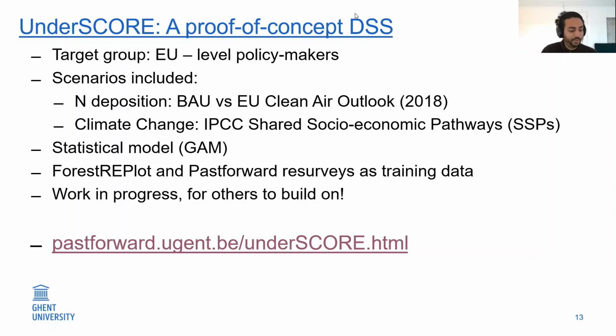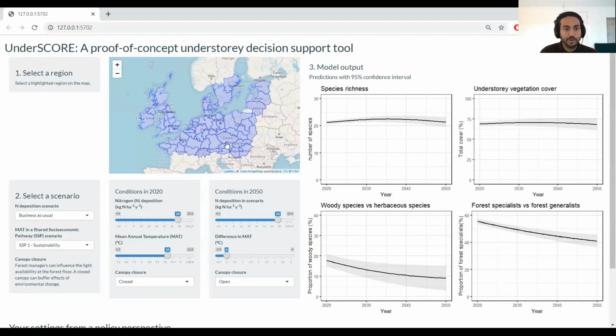So I invite you now to have a look together at this UnderSCORE DSS, which is provided here. UnderSCORE is a proof of concept understory decision support tool. Let me first briefly explain the name a bit.